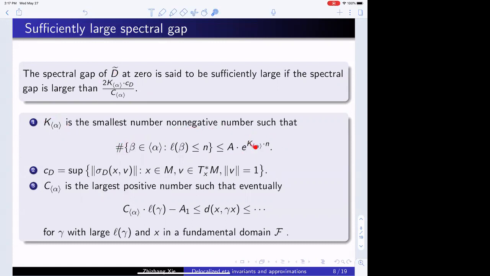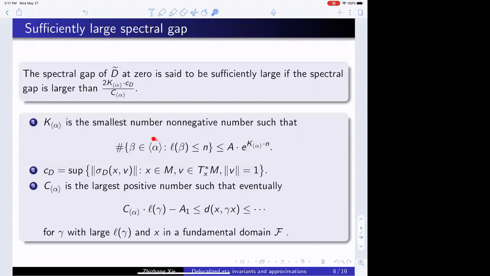It's the exponent, since the conjugacy class grows at most at exponential speed, and this is the rate of that exponential speed. It could even be 0: if the conjugacy class grows sub-exponentially, then you can choose this to be 0.